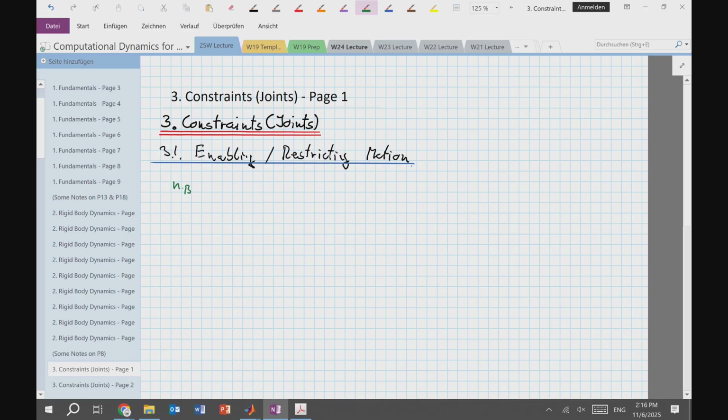But the basic idea is that I have a multi-body dynamic system that consists of a number of bodies, and we call this number NB, the number of bodies. And those bodies have 6 times NB independent degrees of freedom in 3D. In the planar case, we have 3 times NB, so just 2 translations, 1 rotation.